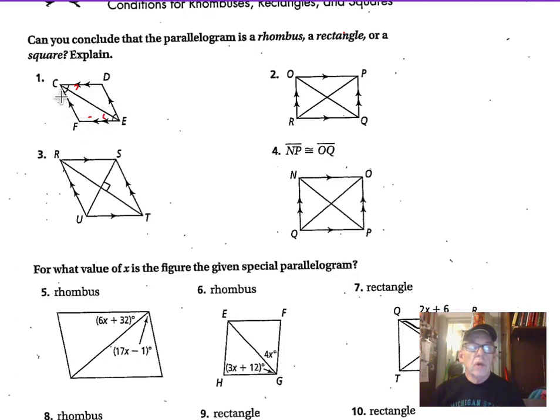And going the other way, this angle and this angle are going to be congruent. Going with these two parallels, same side interior angles are supplementary. Same thing here. So these angles are also going to be congruent, which makes it a parallelogram.